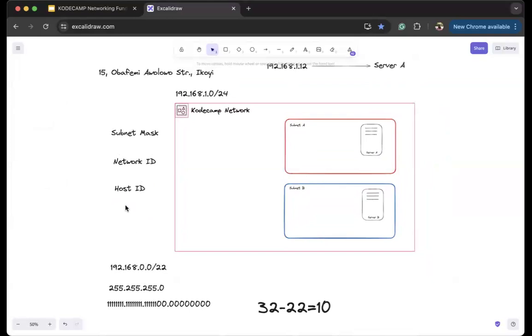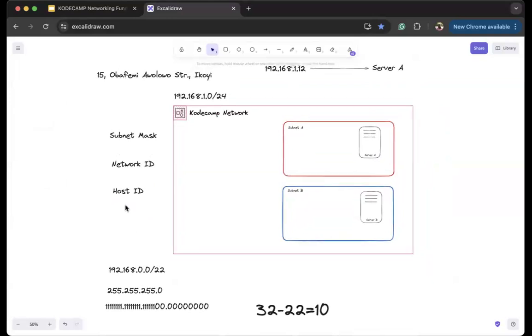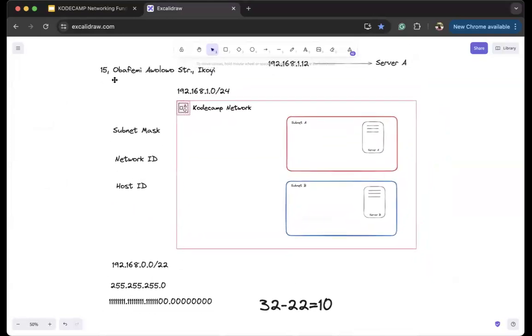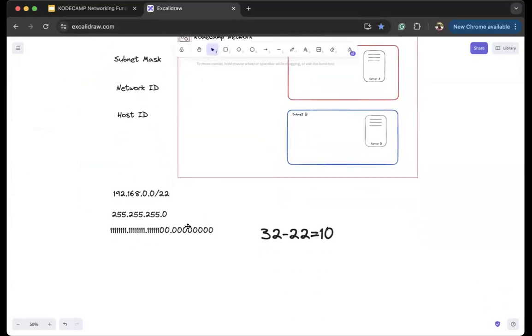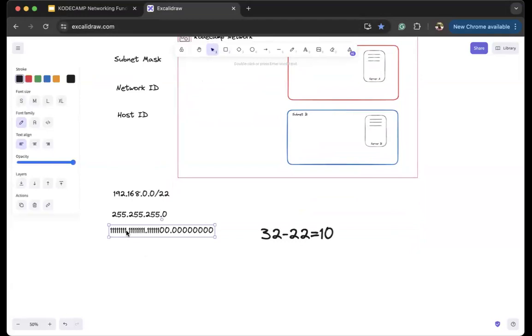How do you determine which part of this ID? Say you don't have any comma, for instance, you just have it like this. How do you determine which part is the network ID, which part is the host ID? You have a subnet mask, which could be represented either in the binary form or the decimal form.